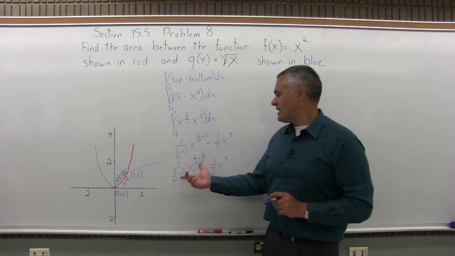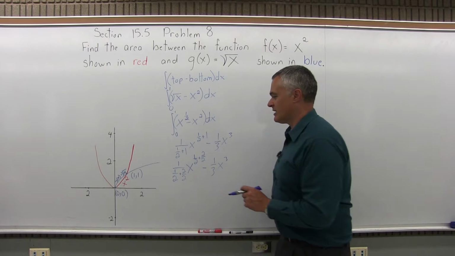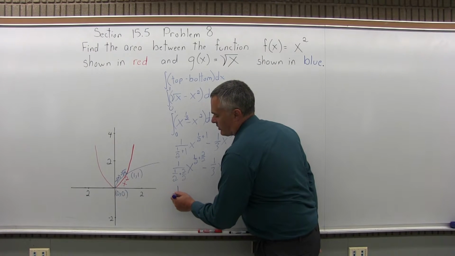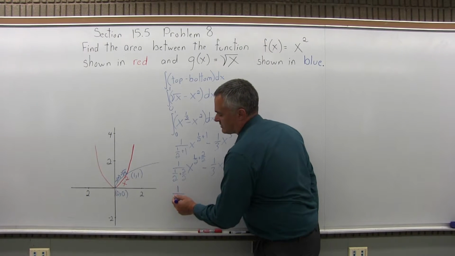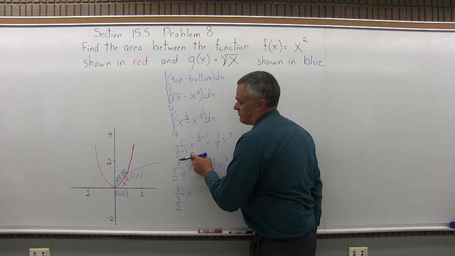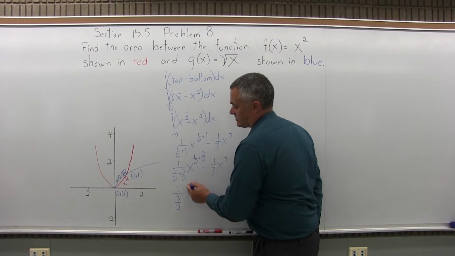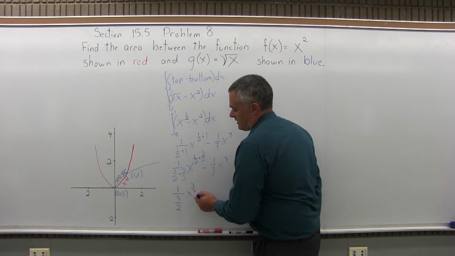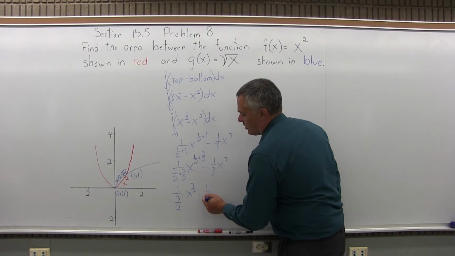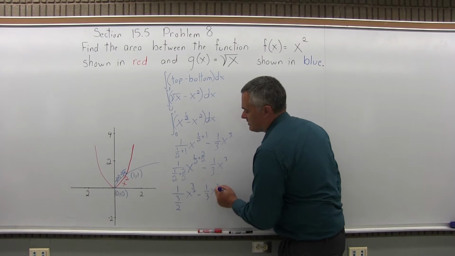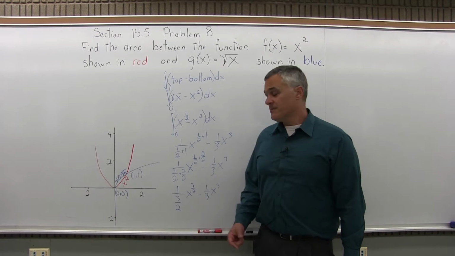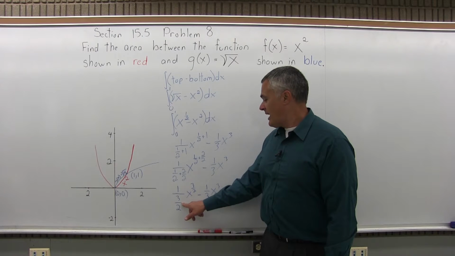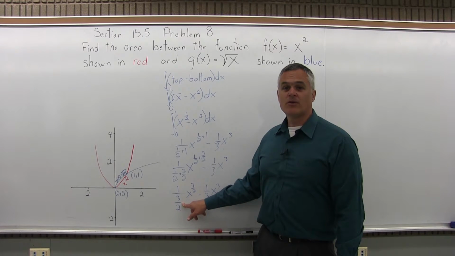And let me simplify this messy looking fraction that I have here. So I'm going to have 1 over 1/2 plus 2/2, which is 3/2. X to the, same situation, 1/2 plus 2/2 is 3/2. And then minus 1/3 x cubed. So this is better, but I have a fraction in the denominator of a bigger fraction.